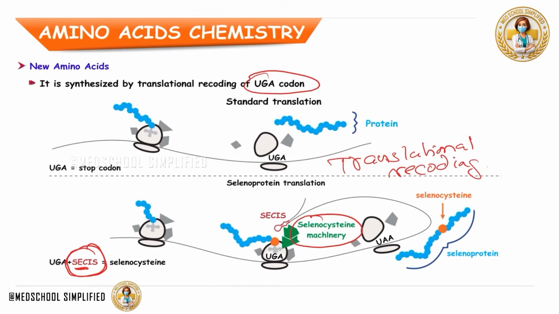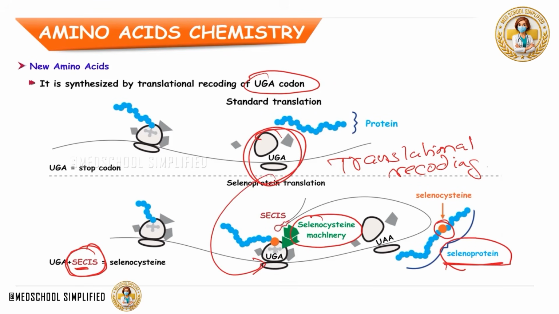It is going to convert the tRNA which is meant for serine into tRNA for selenocysteine. That's how serine is converted into cysteine, the selenium atom is there, and that's how selenocysteine is incorporated into the selenoprotein molecule. So make sure you remember, stop codon UGA will undergo translational recoding so that it codes for selenocysteine in all selenocysteine containing proteins, called selenoproteins.